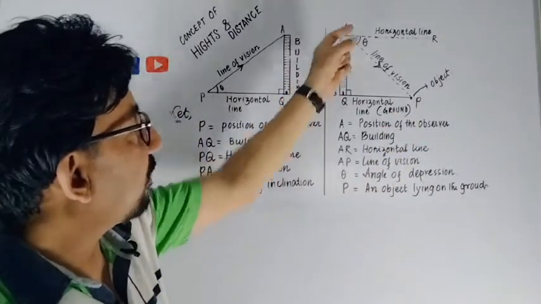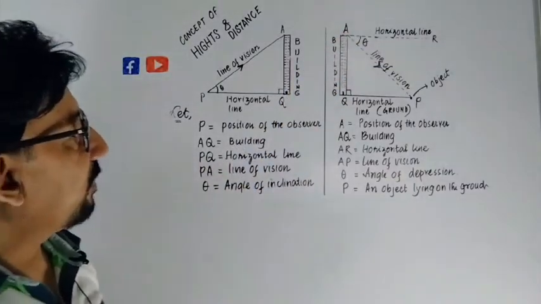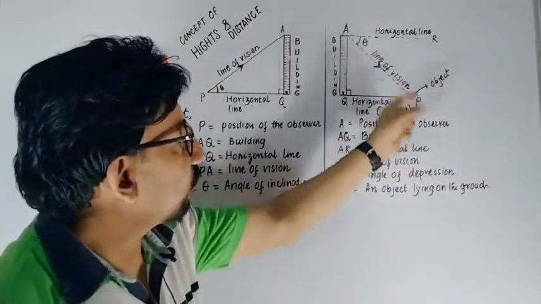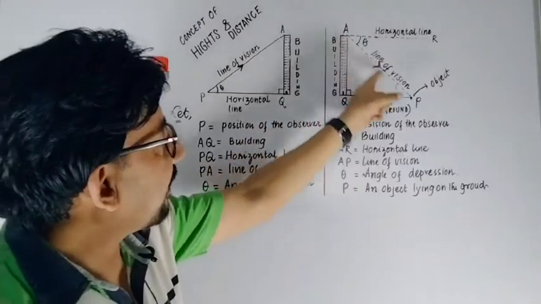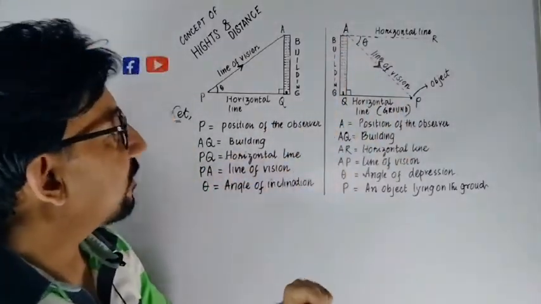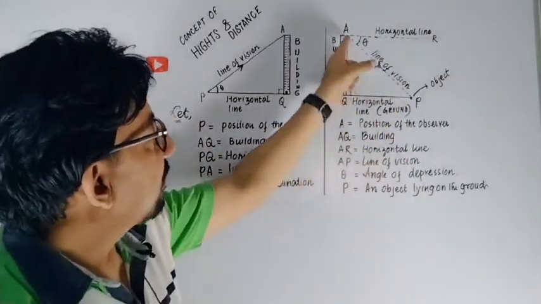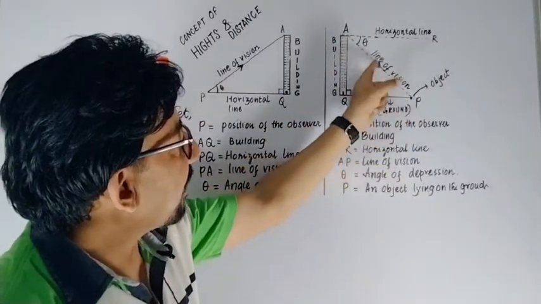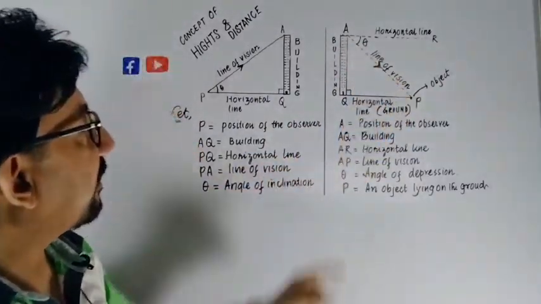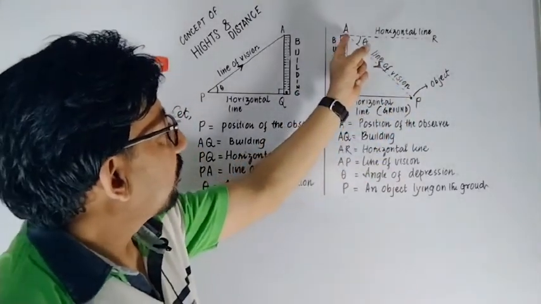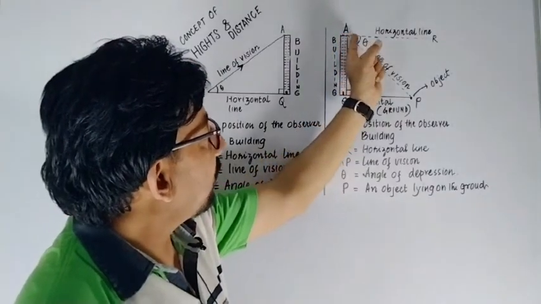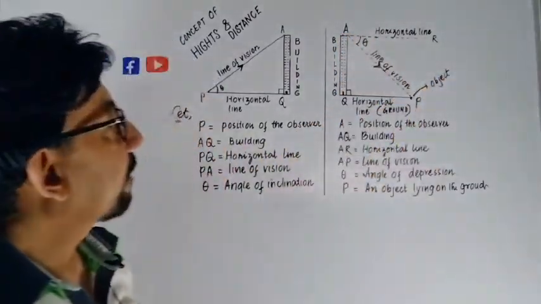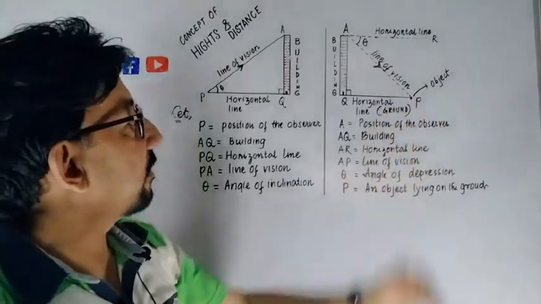The observer on the top of the building is observing the stone along this line. So, in this diagram, AP is the line of vision and another line is drawn as a horizontal line from the eye of the observer.